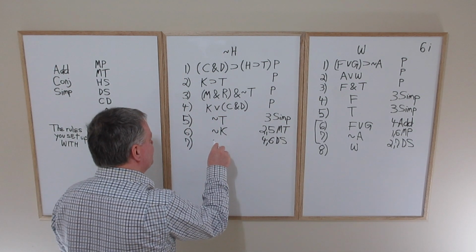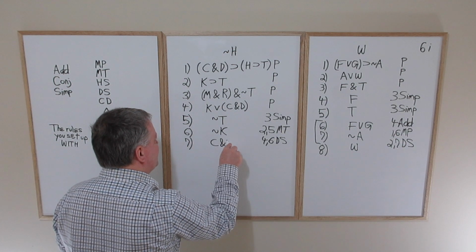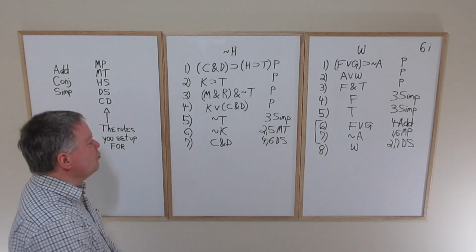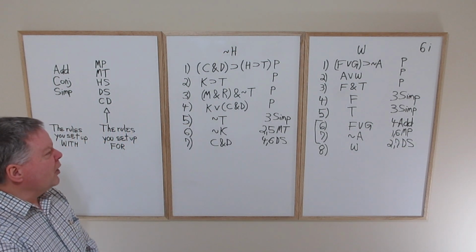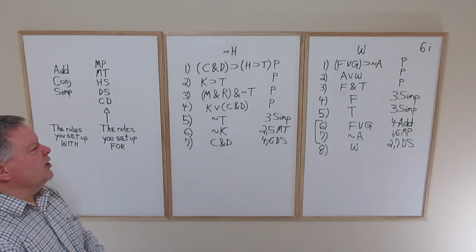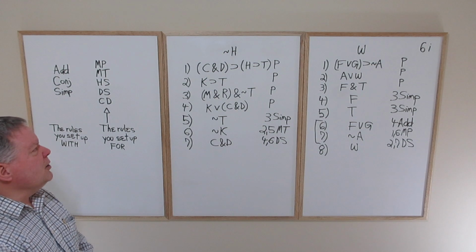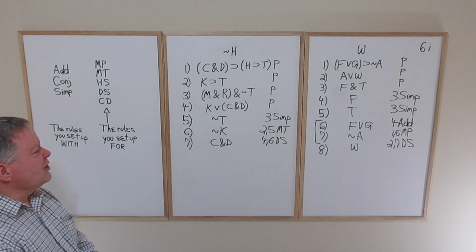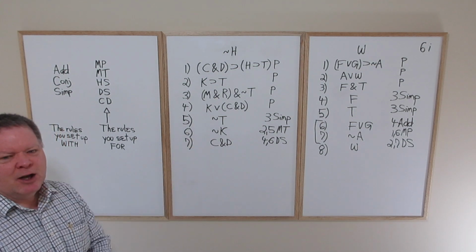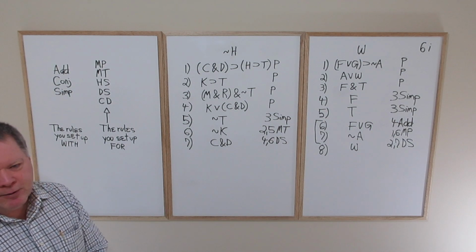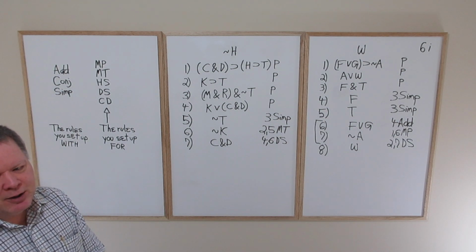to get the conjunction C and D, which is the right disjunct of the disjunction in 4, and also the antecedent of line 1. So we definitely don't want to be busting up that conjunction.